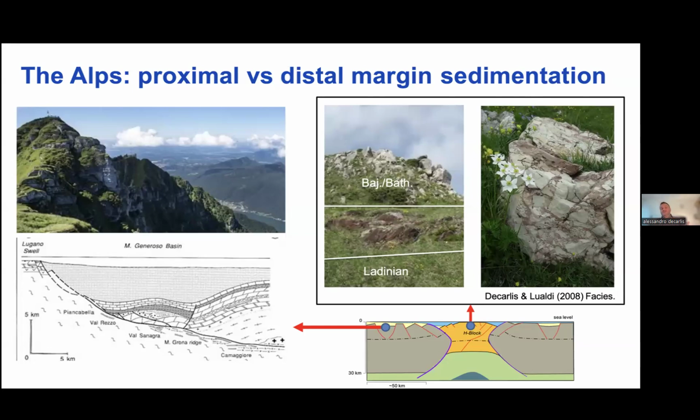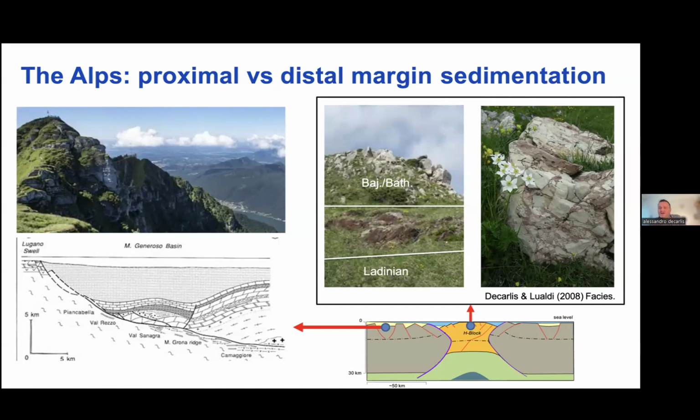For what concerns the depth of this basin, there is a long debate, but it goes from some hundreds of meters to 1,000 meters, more or less, or 1,500. We don't know exactly, but this is the range which we have to expect.